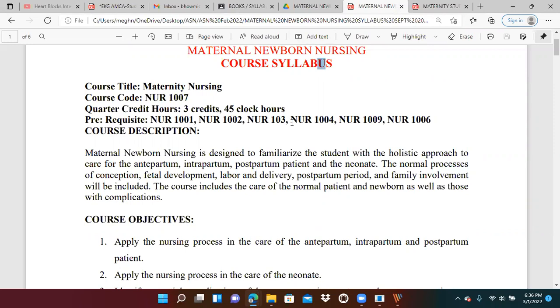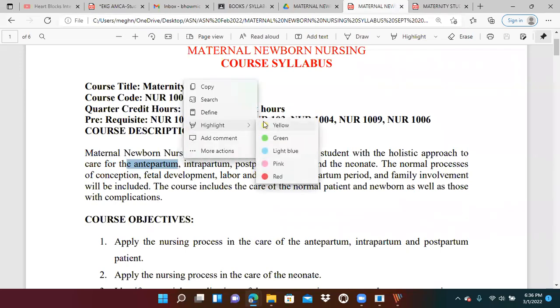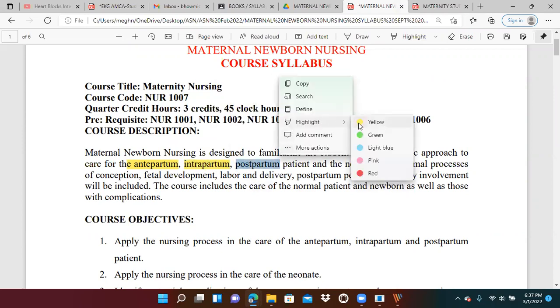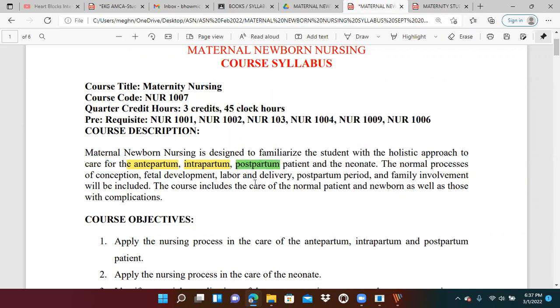And we categorize this: antepartum means before delivery or the preparation period. Intrapartum means the process of delivery, and postpartum, after delivery of the baby and delivery of the placenta. So maternity or obstetrics, we categorize in 4 parts: antepartum, intrapartum, postpartum, and newborn care, right?